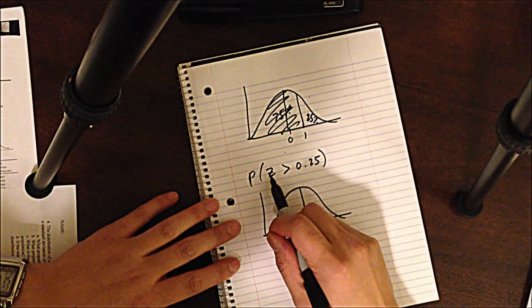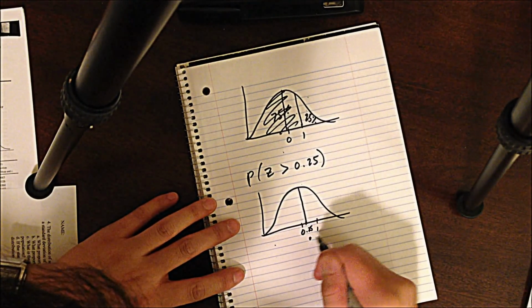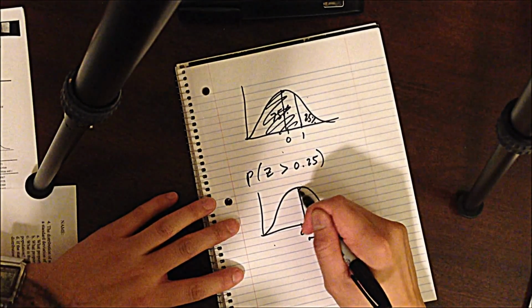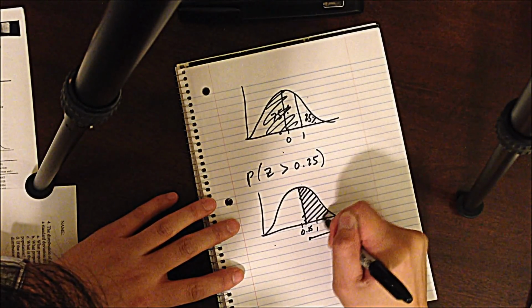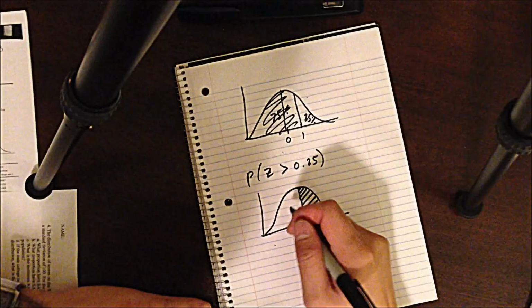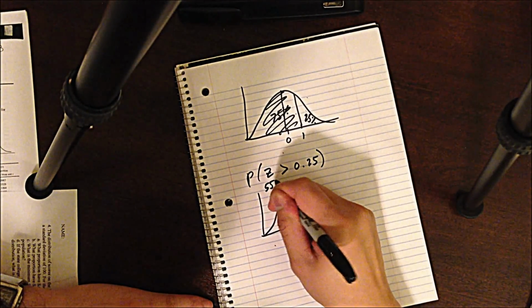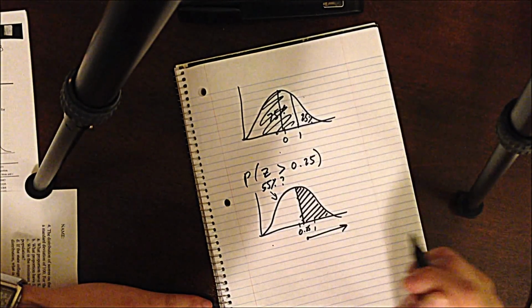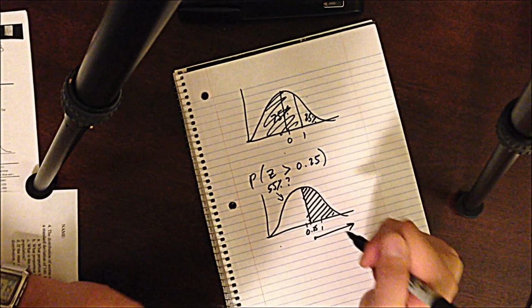But it says, what's the probability of getting Z greater than 0.25? So we're interested in everything this way, so we want to know this portion here. If this is greater than 50%, say 55%, I'm just estimating here, I'll put a question mark. So we know that this has to be less than 50%.